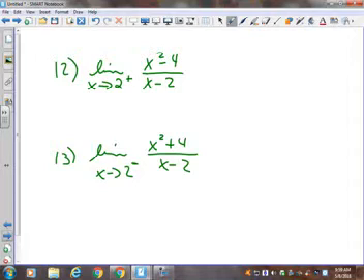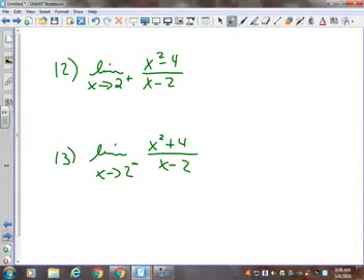All right, I slightly changed the first question to make the second question so that we could look at something that was really similar but not exactly the same. So don't think these are both exactly the same. All right, everybody sees 2 can't be plugged in the bottom, right? Neither one of these questions can 2 be put in the bottom.